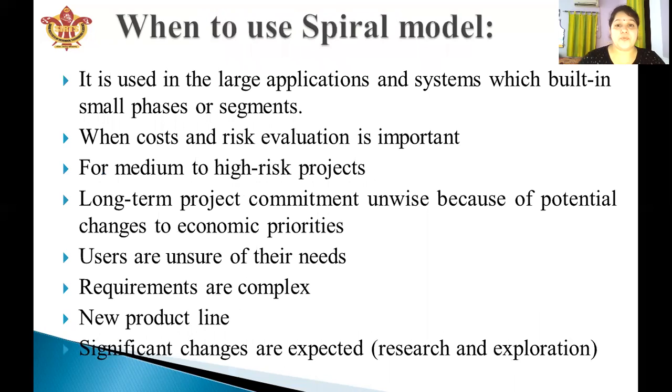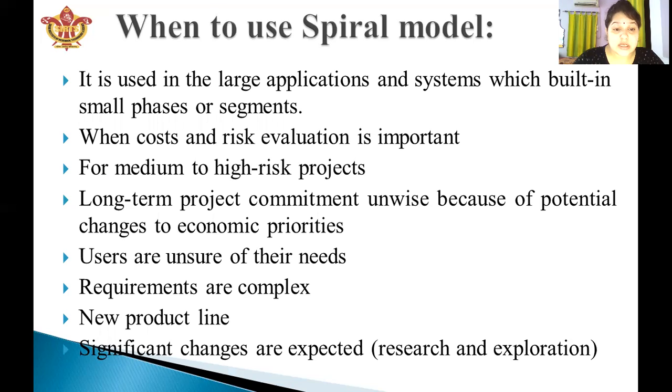Here we discuss when to use the spiral model, right? It is used in large applications and systems which are built in small phases or segments. It is also used when cost and evaluation are important, for medium to high risk projects, and when long-term project commitment is unwise because of potential changes to economic priorities.